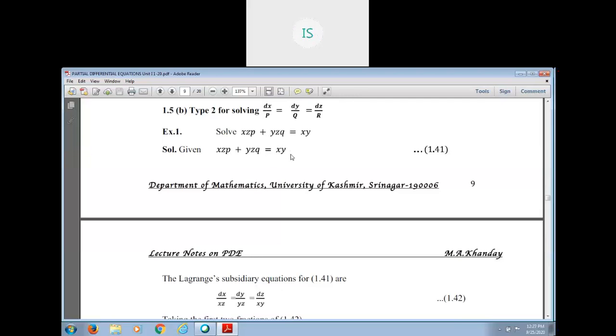R is the product of x and y, so it is written as dz by xy.